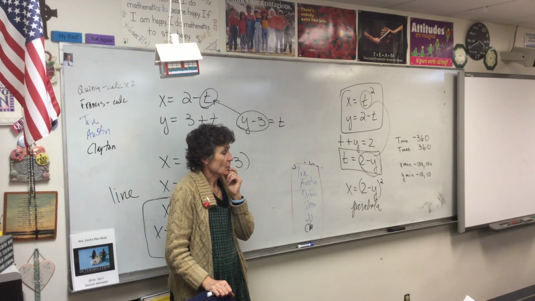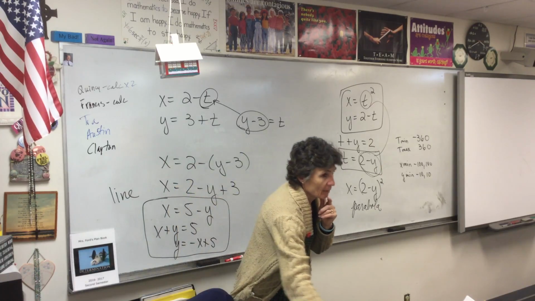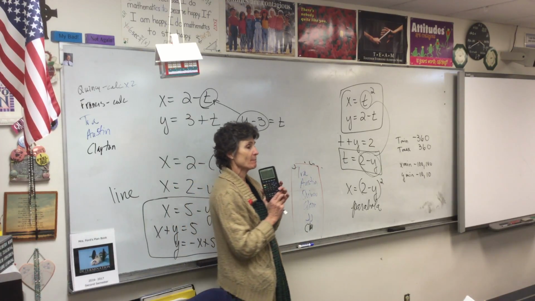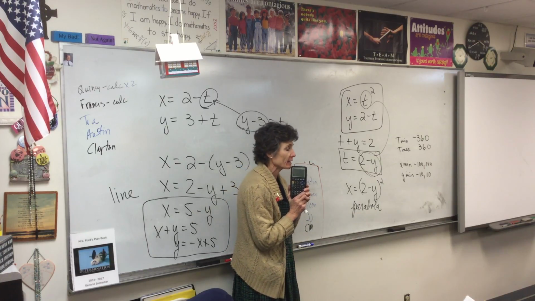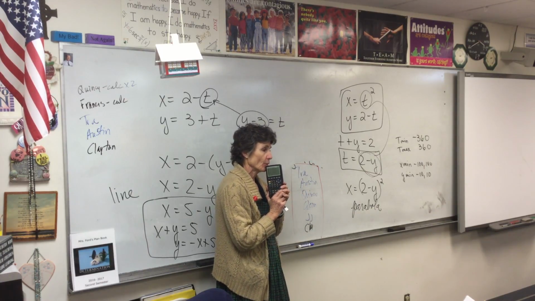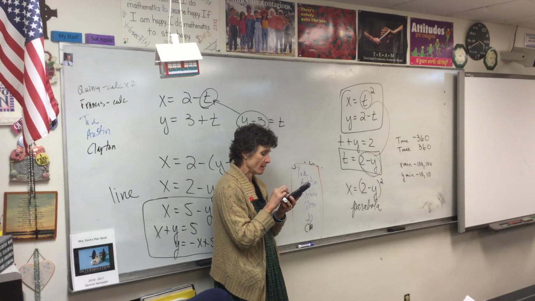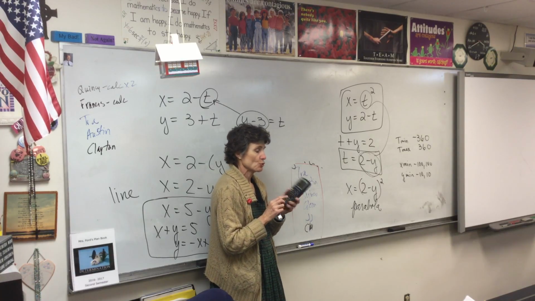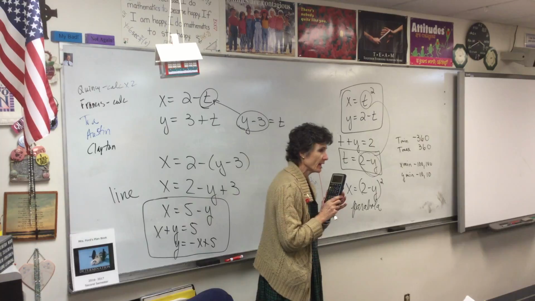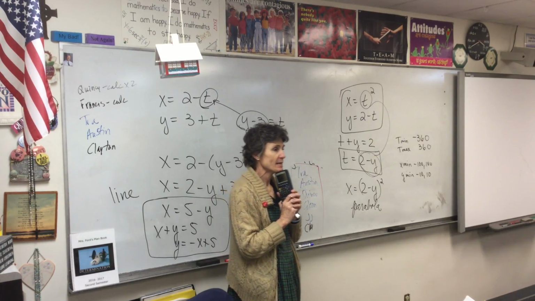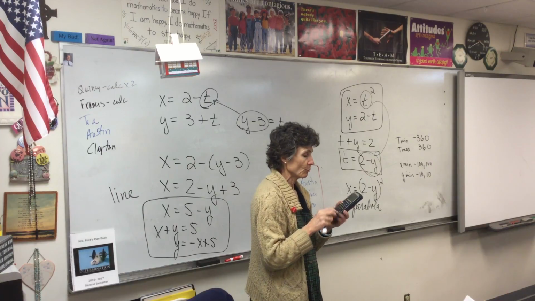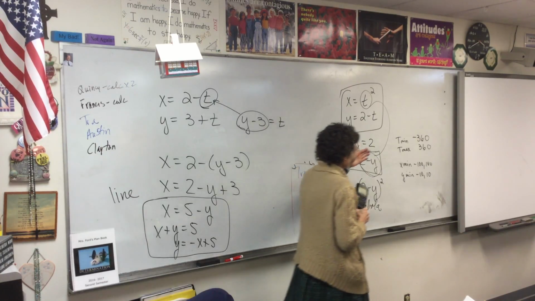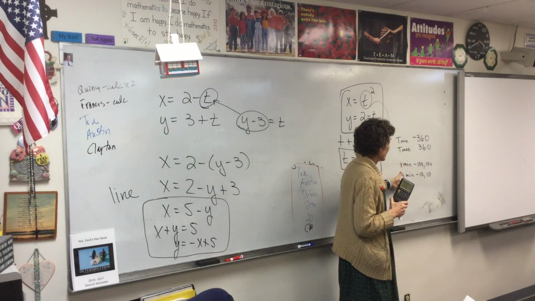Okay, so one more time. If you don't have the right picture, I need you to stop pressing buttons, and I need you to do exactly what I tell you to do. Go to mode, press the mode button. Make sure you have degrees highlighted. Make sure you have PAR, parametric highlighted. Go to your window. Set your window exactly like I have it here.